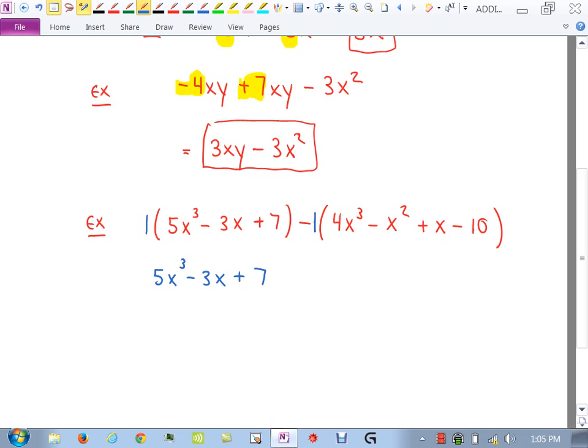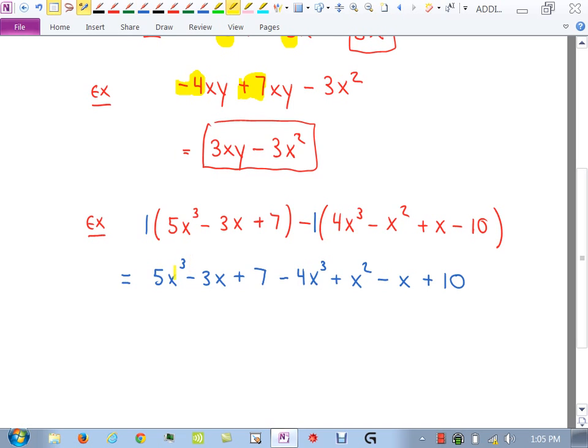And then this plus becomes minus, and that minus becomes plus. So we get negative 4x cubed plus x squared minus x plus 10. Now we've got this big string of 7 terms. And now we see if there's any like terms now.